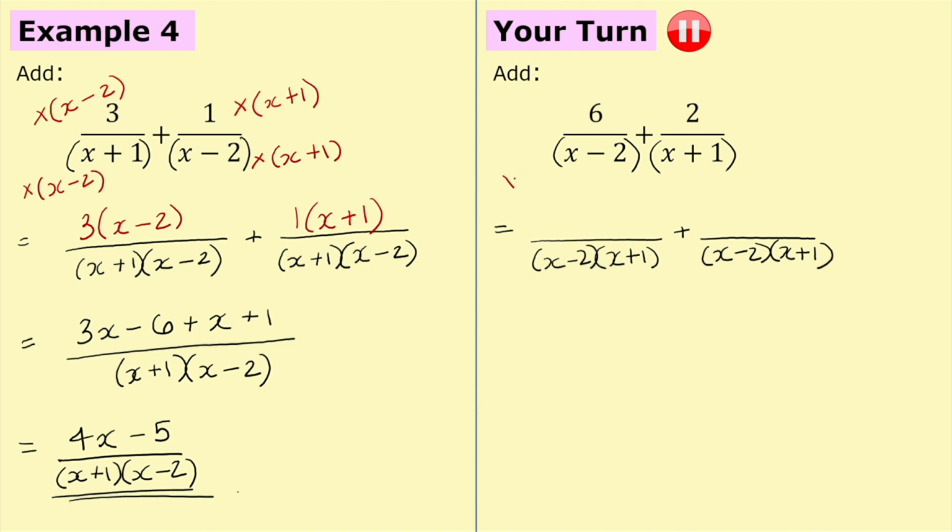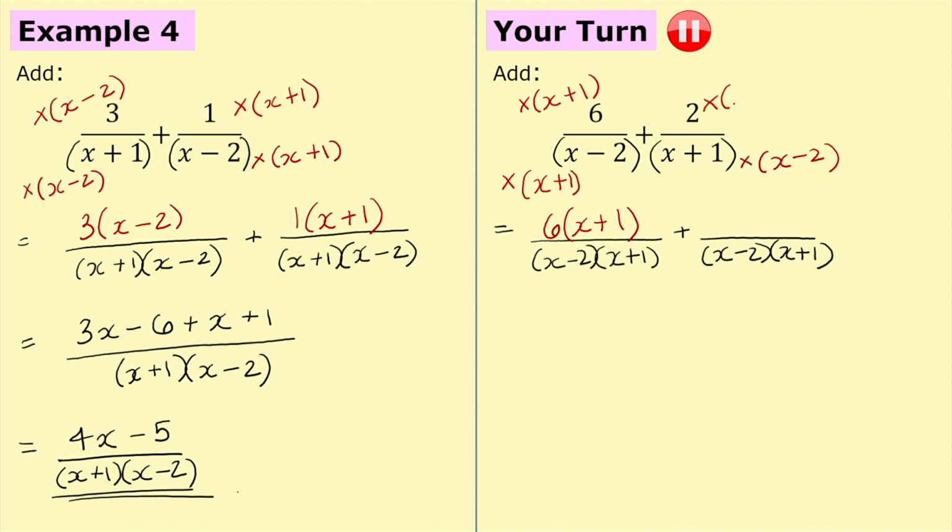So I've timesed this bottom fraction by x plus 1. Oops, so I need to times the top by x plus 1 to get 6 x plus 1. I've timesed the second fraction by x subtract 2.